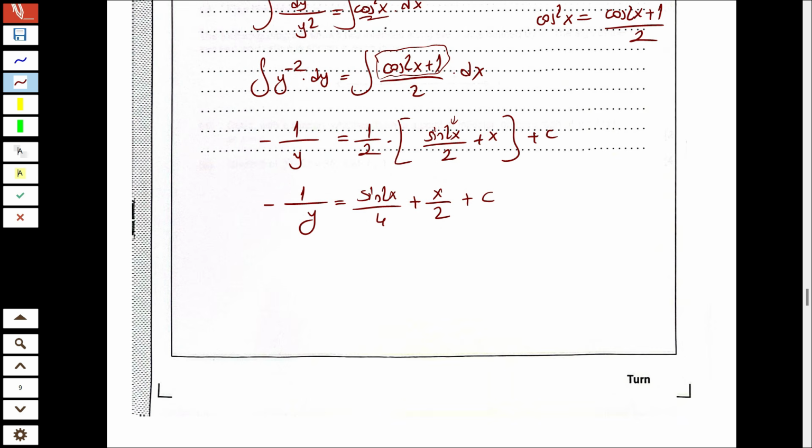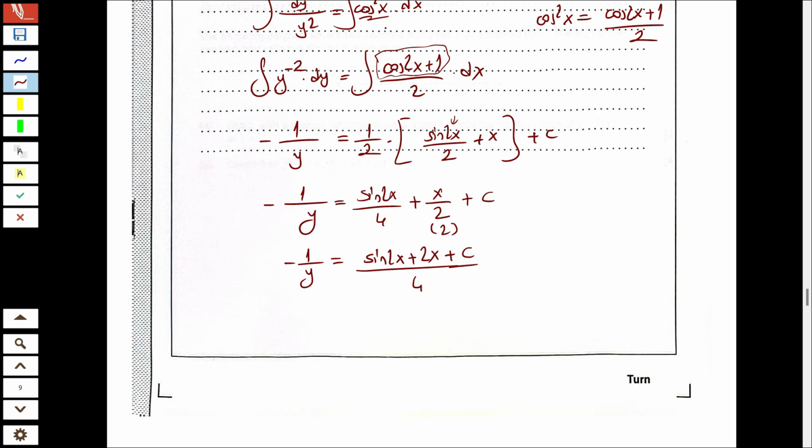And minus 1 over y equals, I will write the common denominator, which is 4, sine 2x plus 2x, and I will write c here directly divided by 4.